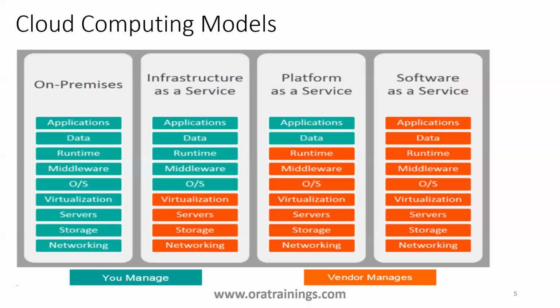We don't require a DBA at all, so Oracle itself will take care of everything. You can observe here, the orange color: runtime, middleware, operating system, virtualization, everything is taken care of by the provider itself. Applications or data is customer centric, nothing but you have to design the application. They provide you the database subscription, and the developer has to create the tables, the packages, and their data. That is what applications or data is all about.